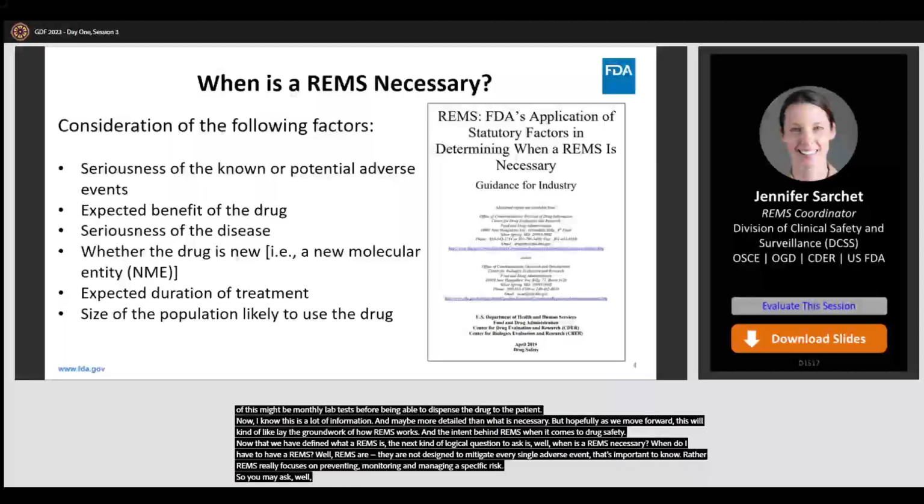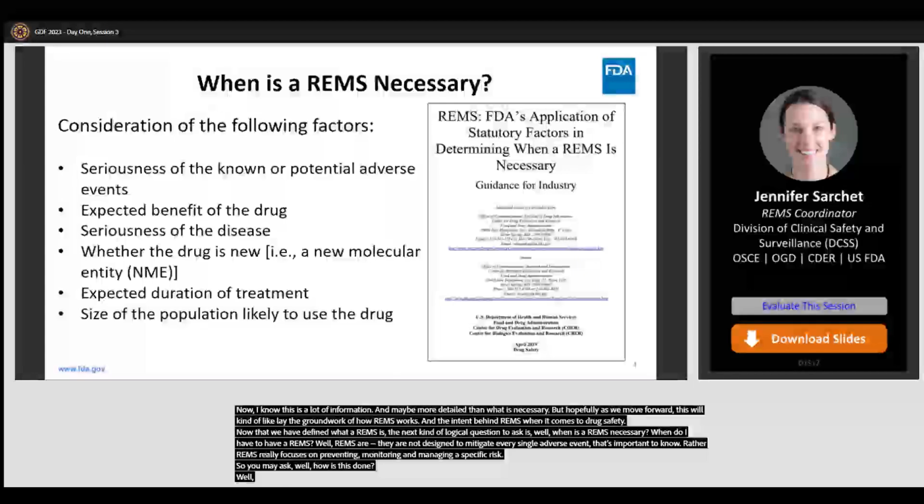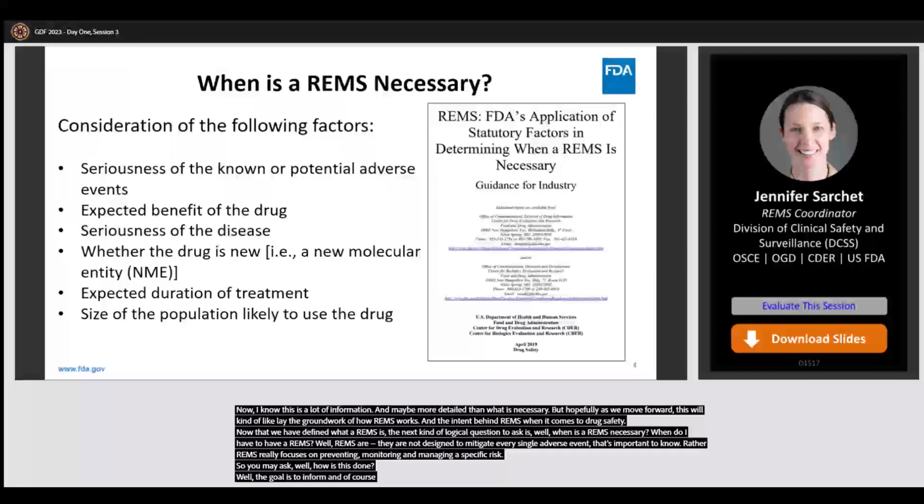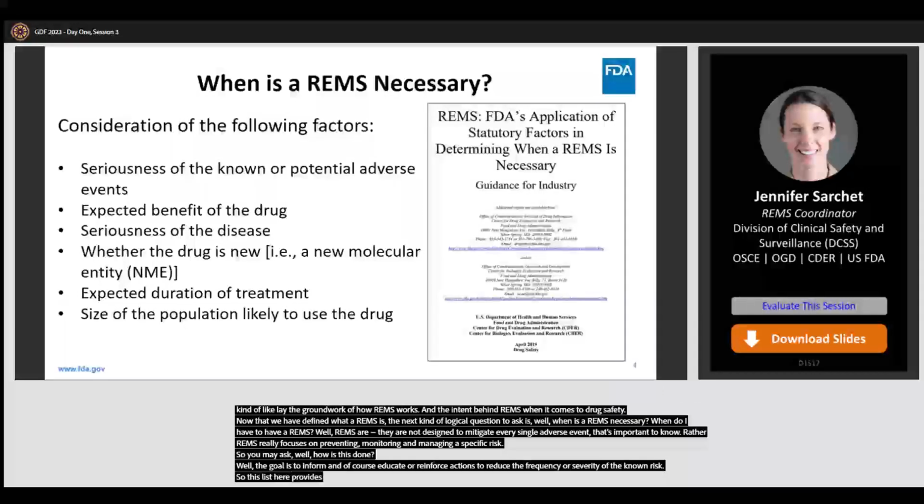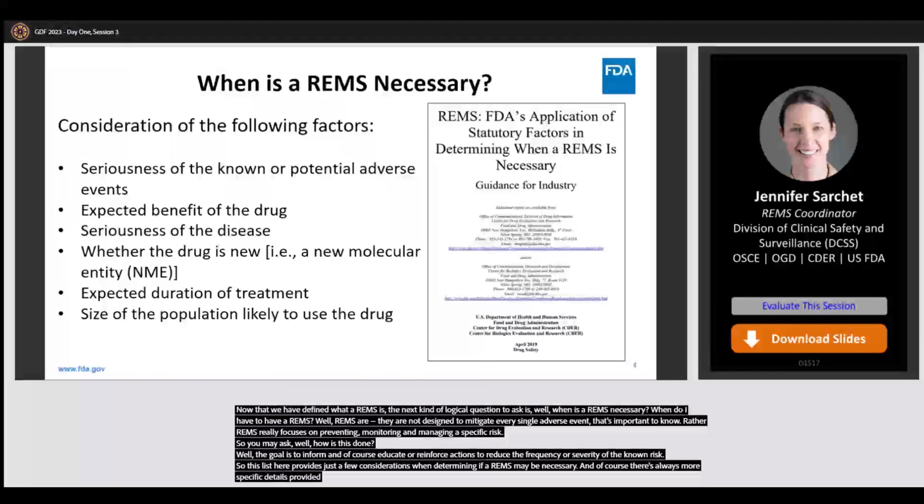Well, the goal is to inform and, of course, educate or reinforce actions to reduce the frequency or severity of the known risks. So this list here provides just a few considerations when determining if a REMS may be necessary. And, of course, there's always more specific details provided in the guidance referenced here on the slide.